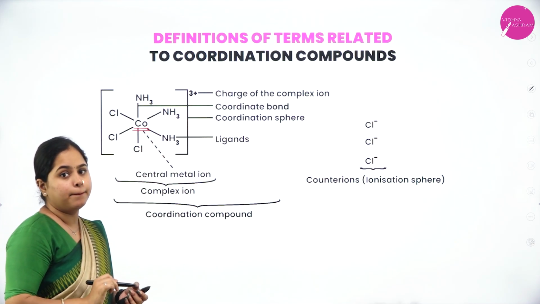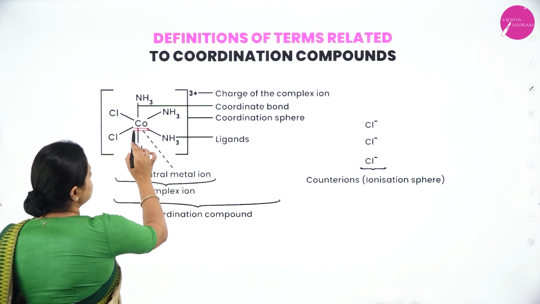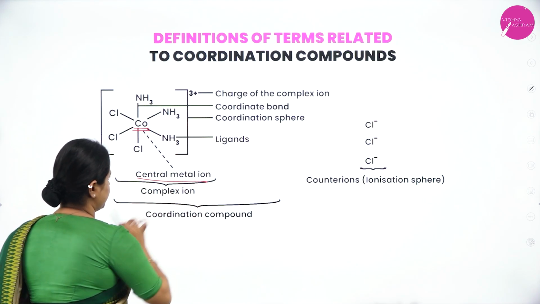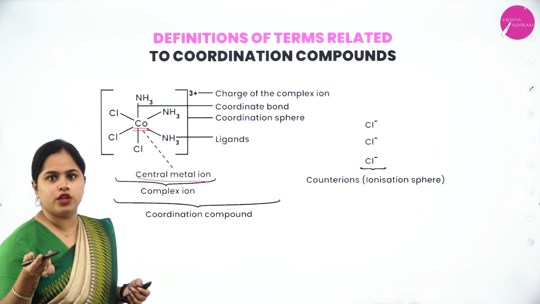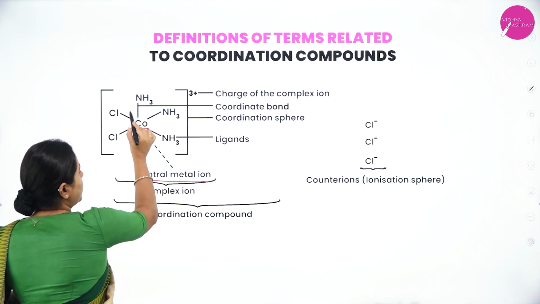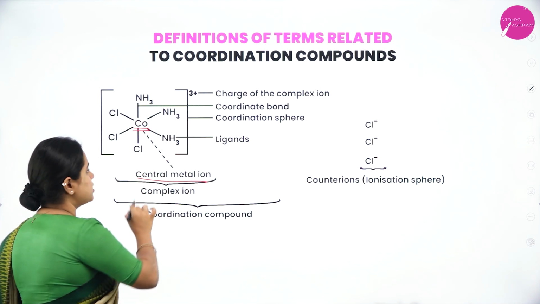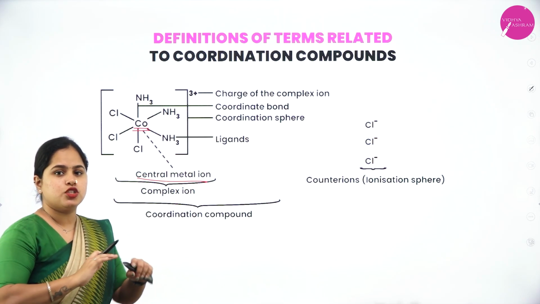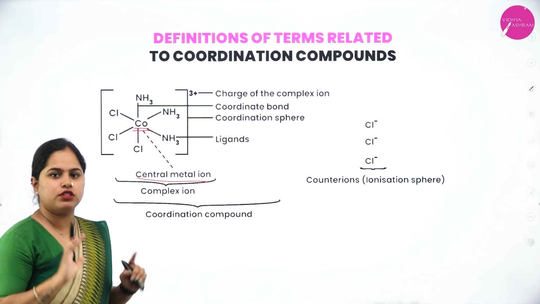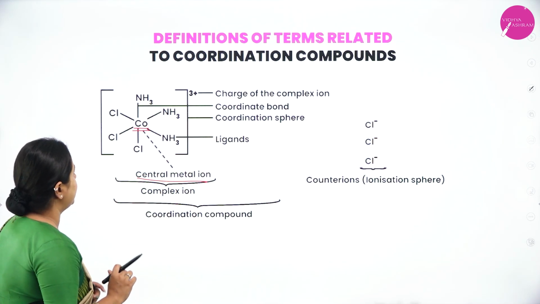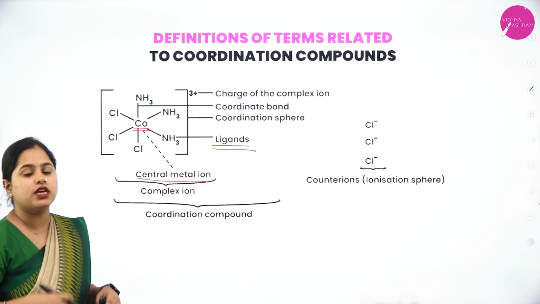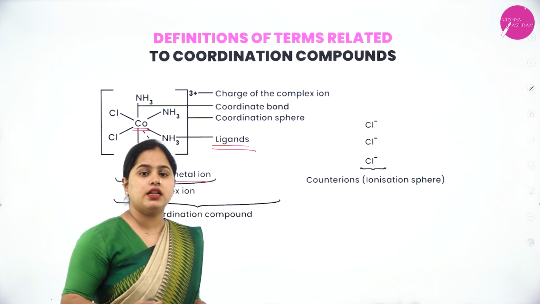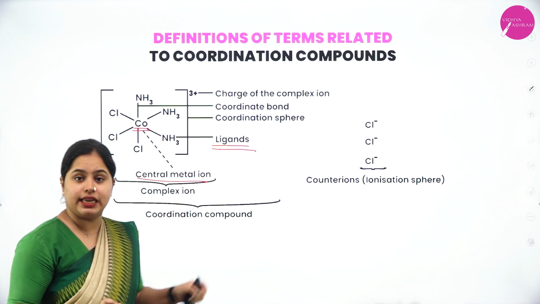This is the central metal atom, and surrounding it will be ions or neutral molecules. There are 3 NH3 molecules and 3 Cl atoms present here. All of these ions and molecules present around the central metal atom are called ligands.